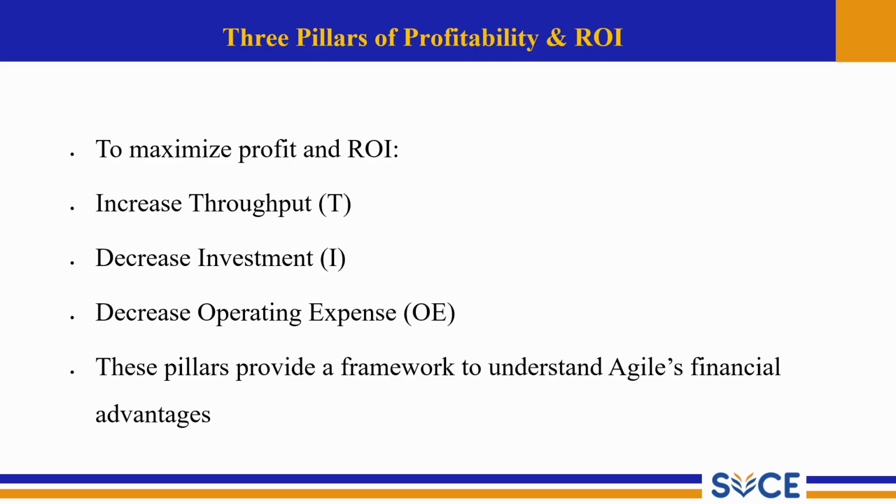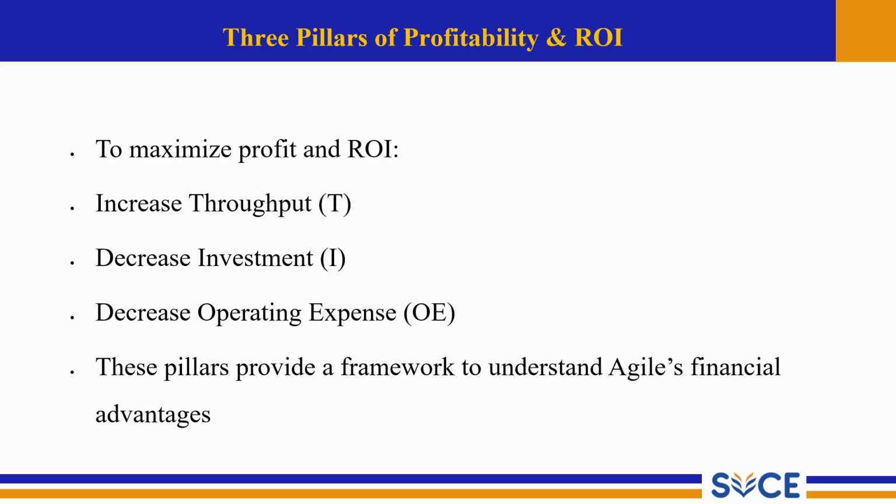This means delivering more valuable software more frequently, that is increasing the throughput. Another one is decreasing the investment, which means cutting down the cost in requirement gathering and avoiding unnecessary documentation. Decreasing the operating expense means reducing effort on non-value work and avoiding building unnecessary features.